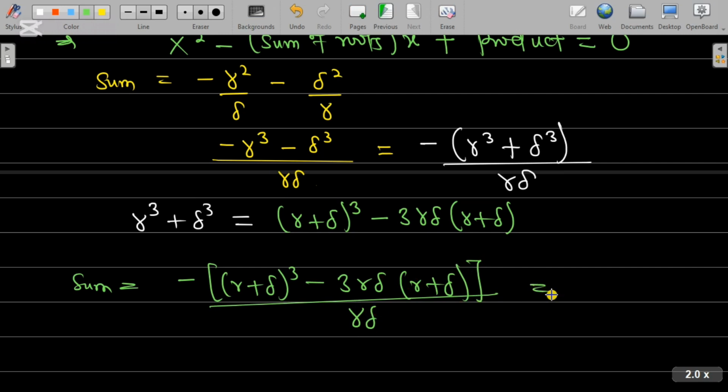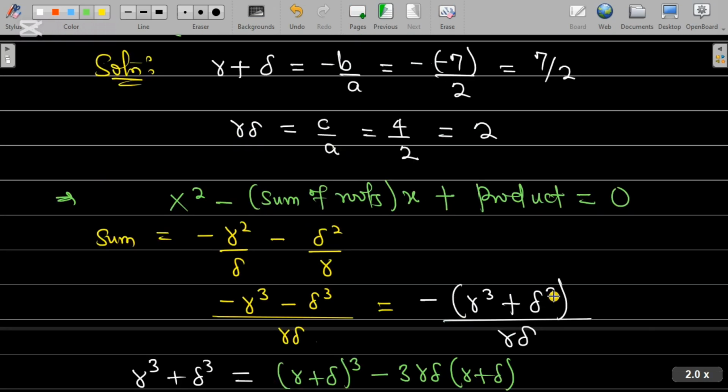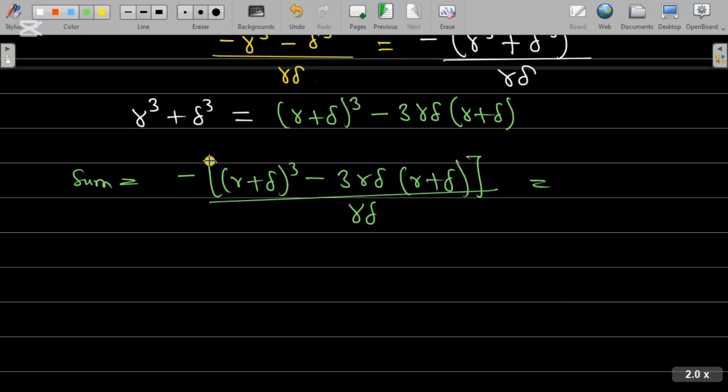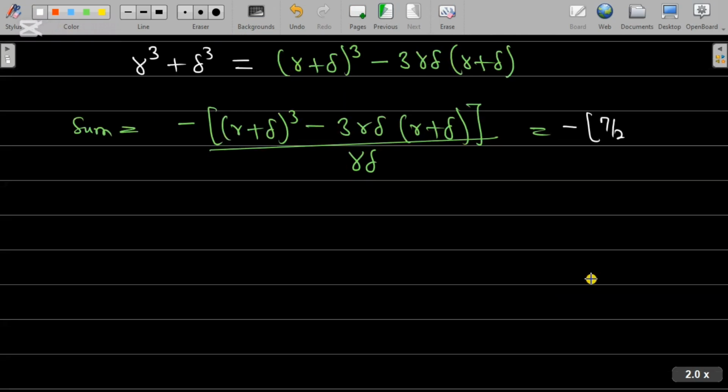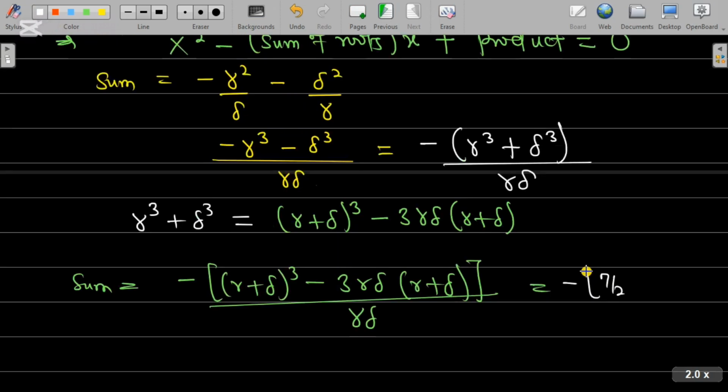And if we go up here, we have the values for gamma plus delta and gamma delta, so we can substitute. Gamma plus delta gave us 7 over 2, so that is raised to the power of 3.